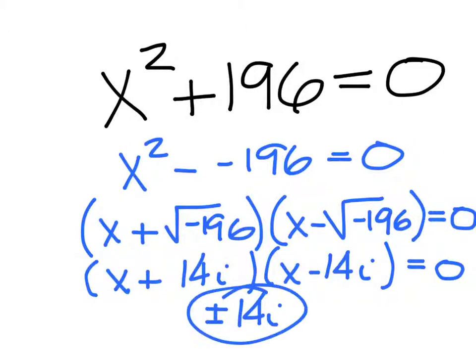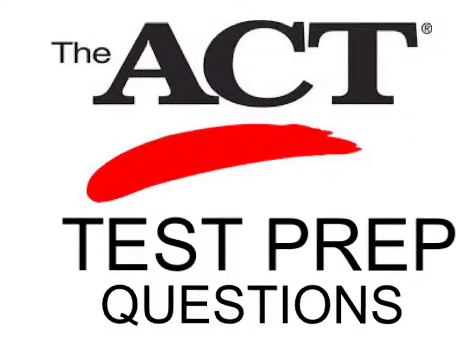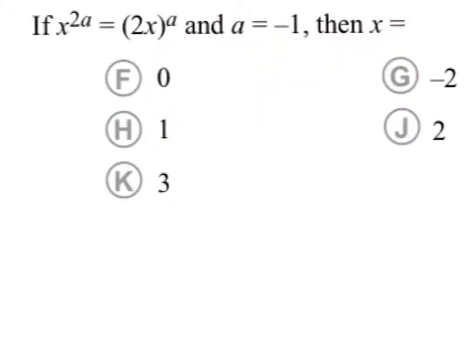How did I get there? a equals negative 1. So start with the x to the 2a power. That would make that x to the negative 2 power.